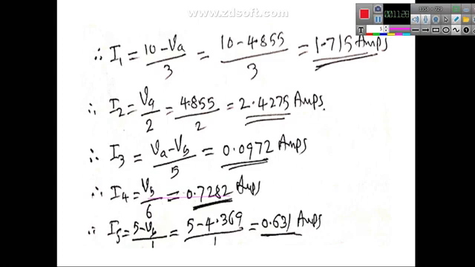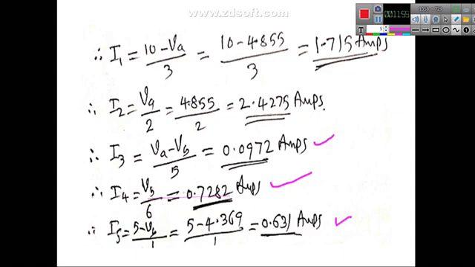Similarly I2 is equal to VA by 2. Then I3 is equal to VA minus VB divided by 5. And I4 is equal to VB by 6. And I5 is equal to 5U minus VB divided by 1, so if you substitute the value of VB, you will get 0.631 amps.